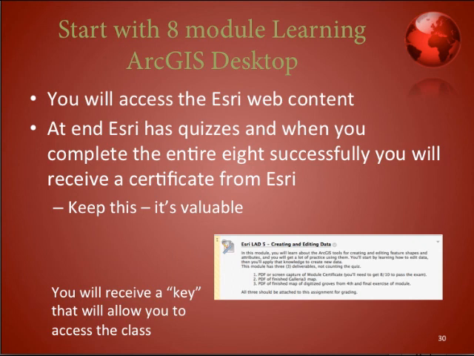You will make a screen capture or print out that certificate and upload it to Blackboard to receive credit in this class for completion of that module, along with possibly other deliverables that may be requested for that module. At the end of all 8 modules, you will be issued a formal certificate of completion from ESRI. Be sure to hold on to this document. It will be valuable. These are used as important job measurements.